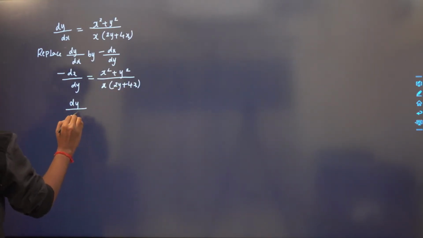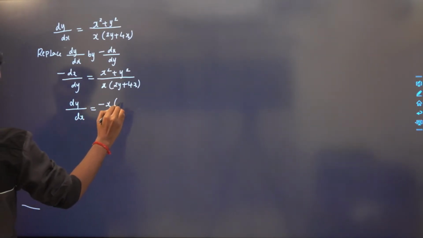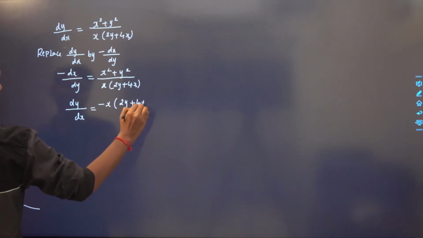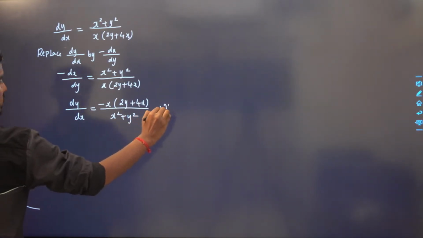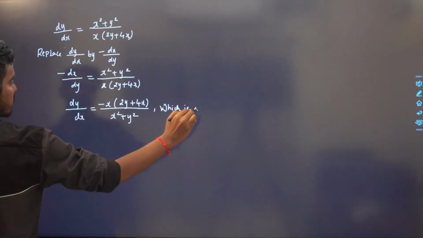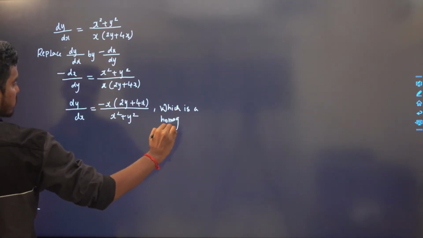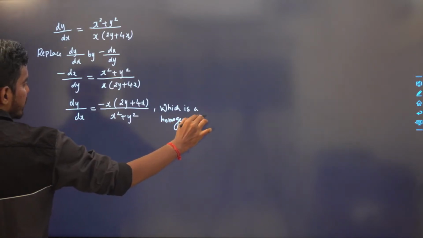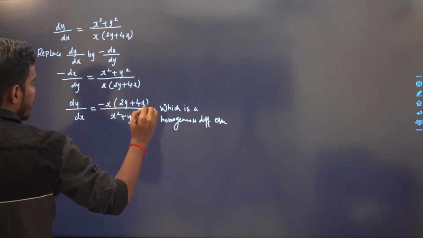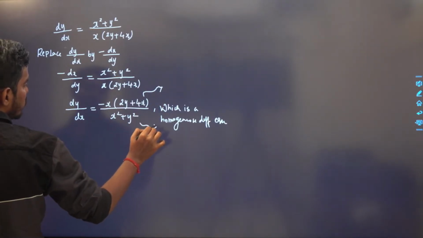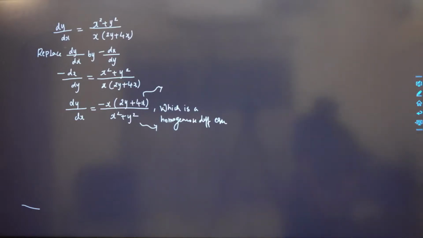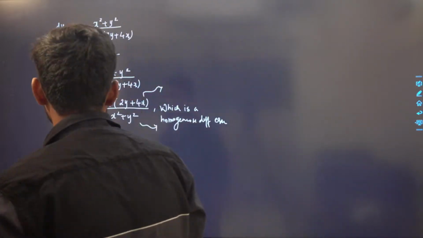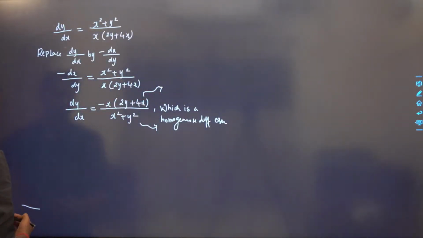This is the same as dy by dx is equal to minus x into 2y plus 4x divided by x square plus y square, which is a homogeneous differential equation. You can see both are homogeneous of degree 2: f of tx comma ty is equal to t square f of x comma y.